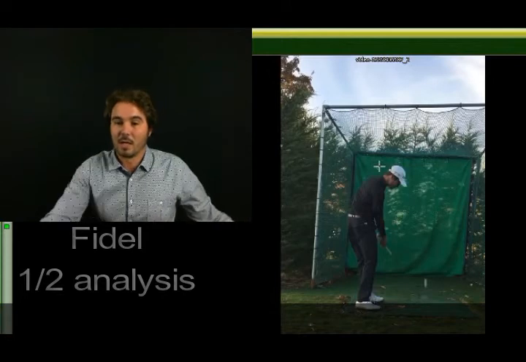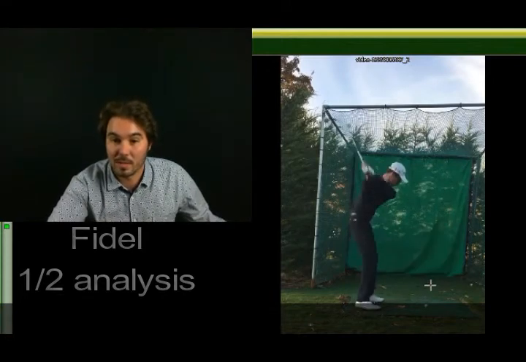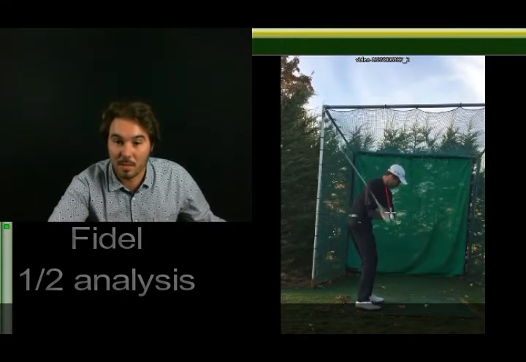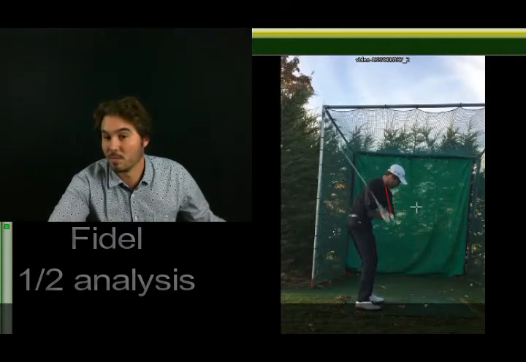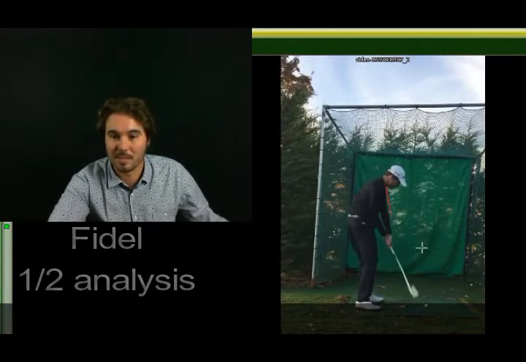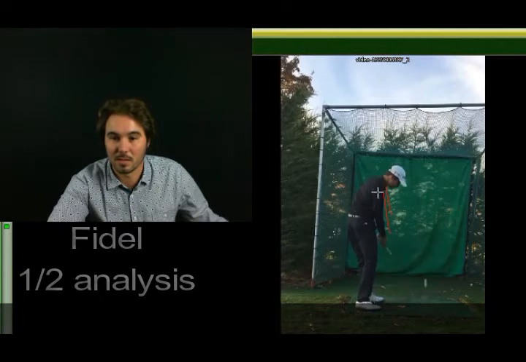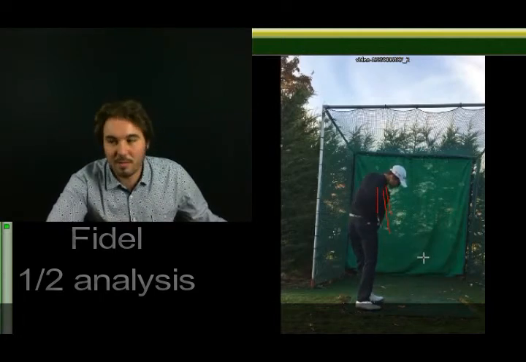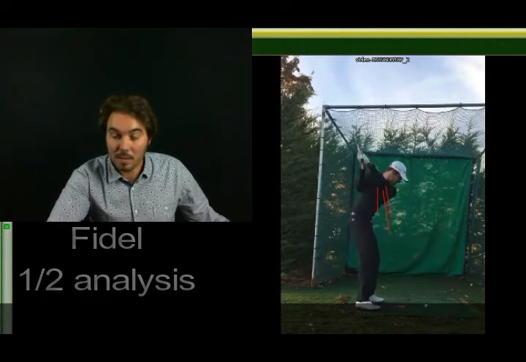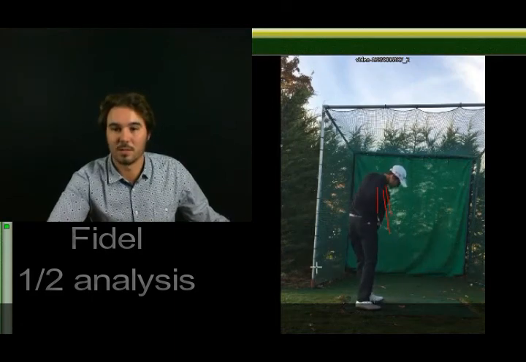Typically, the other thing that we can see here is that his left arm is pointing very much right of the target. I don't mind that, but it's going to be sucked in, sucked in, sucked in, and even though it happens to everyone, this, in my opinion, is too much, and it's also making the impact unstable.